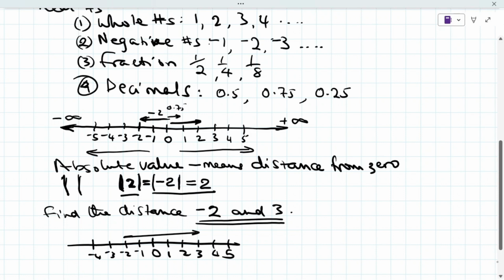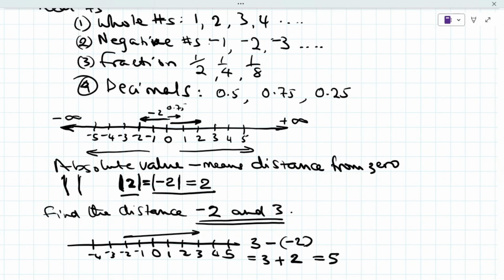because you can even compute it as 3 minus -2. From 3 to -2, you have to subtract the -2, and this becomes 3 plus 2, which will give us 5.